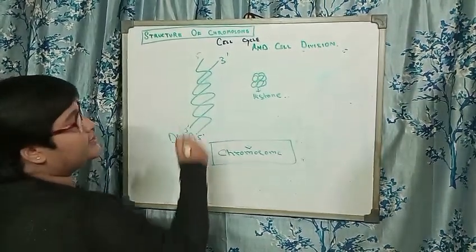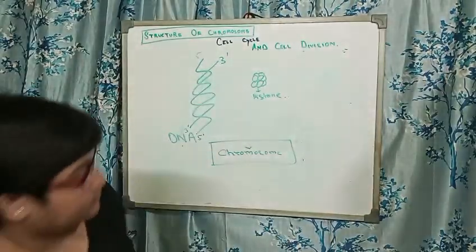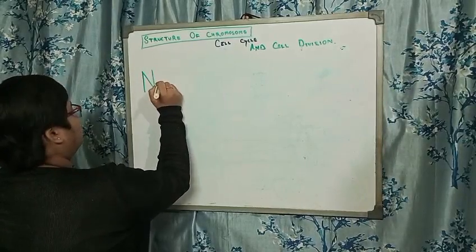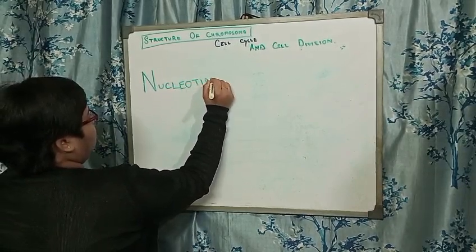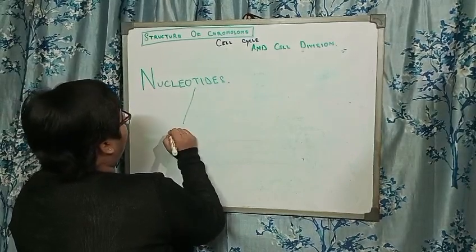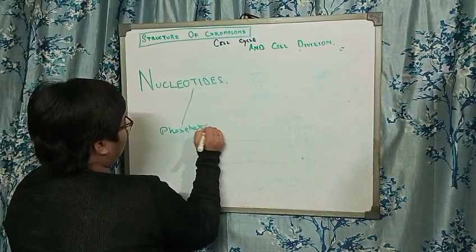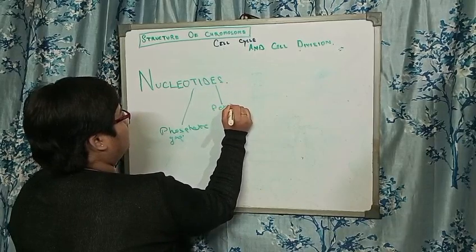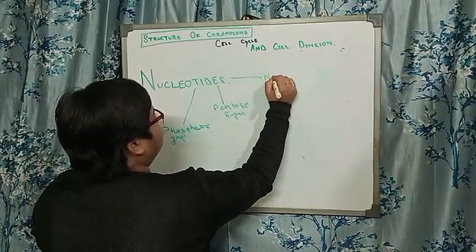I told that DNA is made up of repeated structure of nucleotides. What are nucleotides? Let's focus on that. This nucleotide is made up of three things: a phosphate group, a pentose sugar, and a nitrogenous base.